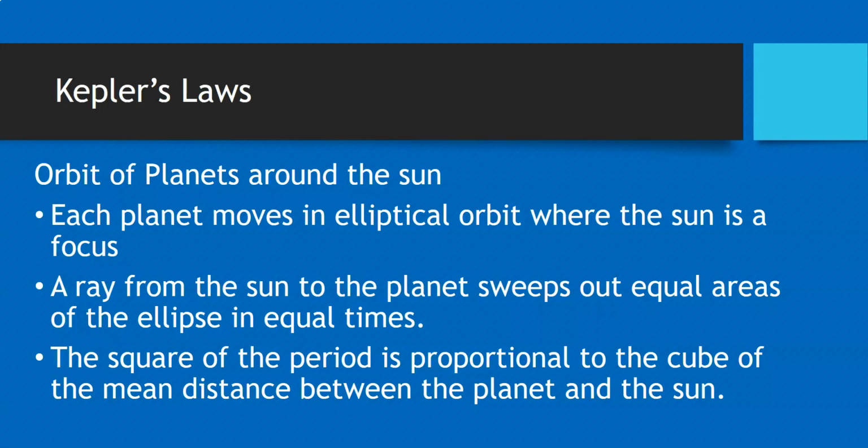And so if the average distance from the Earth to the sun is, let's just call it a unit of 1, because Mars is further away, it's going to take Mars a longer time to travel around. And how you can calculate that is by this average distance between the planet and the sun. So those are Kepler's laws.